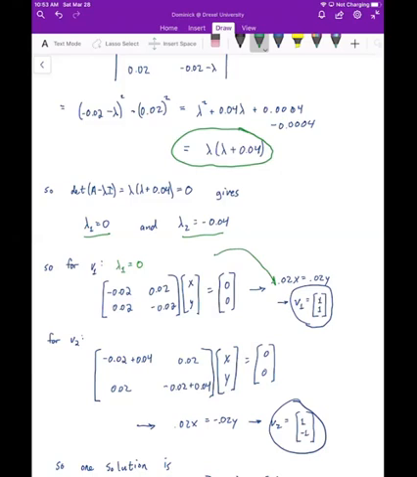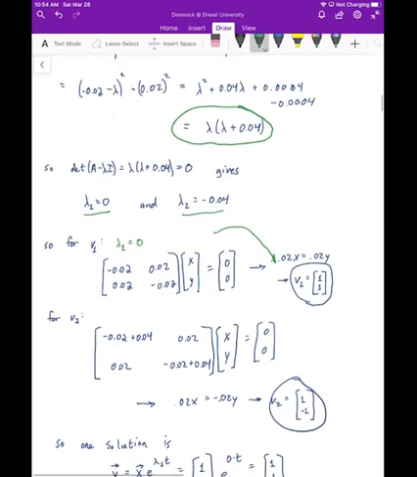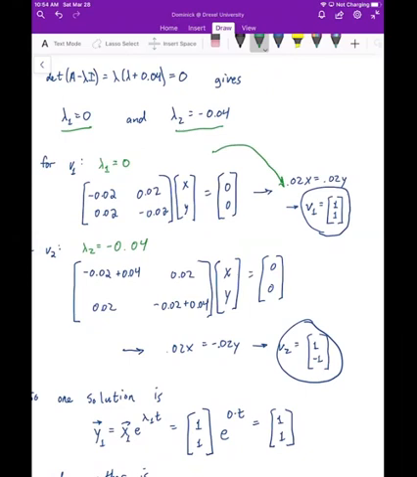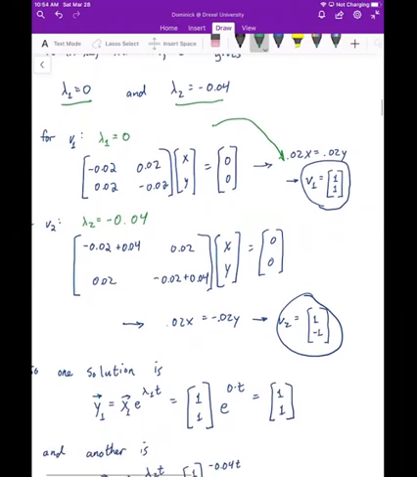Okay, and then for our second eigenvector, this is the lambda 2 equals negative 0.04 case. And when we plug in 0.04 and solve this system, we're going to get that 0.02x is equal to negative 0.02y. So essentially we get x is equal to negative y. So then our second eigenvector will be 1 and then negative 1.